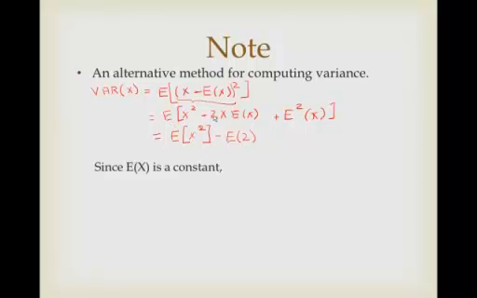I'll write expected value 2. What is the expected value of x? Well, the expected value of x. What's the expected value of the expected value? Wouldn't that just be the expected value? The expected value of the expected value is just the expected value.